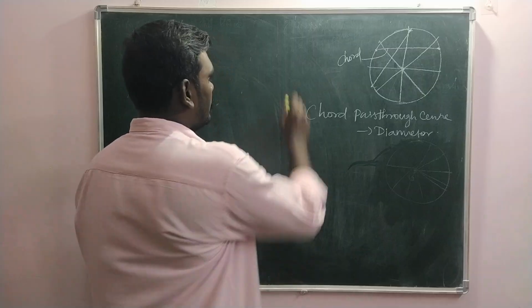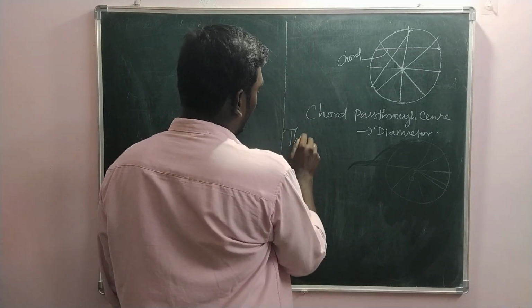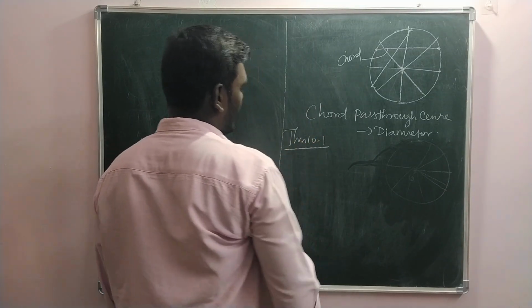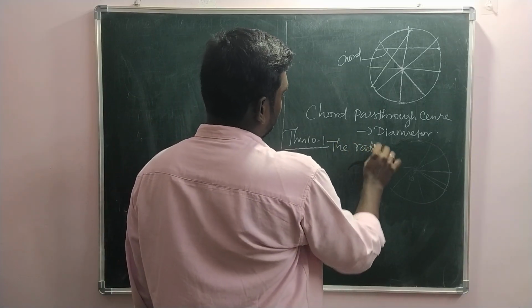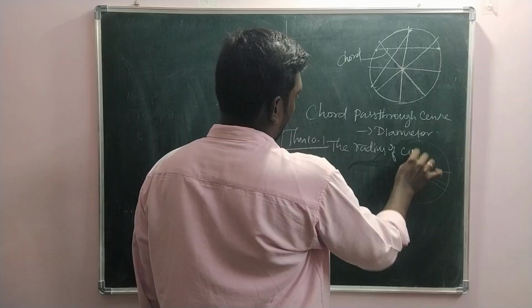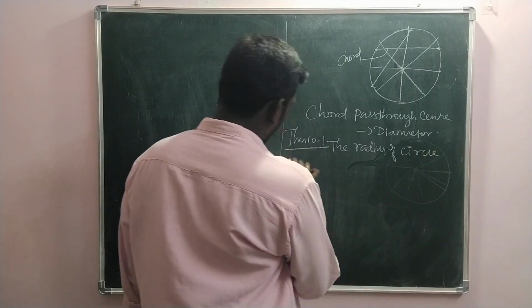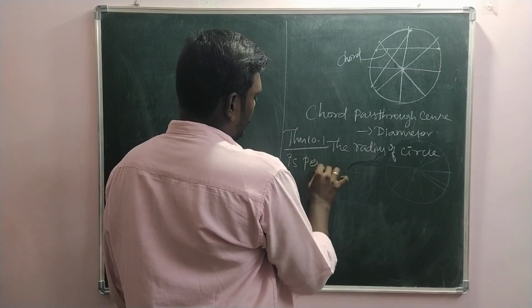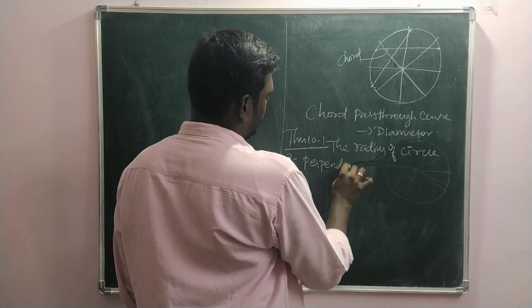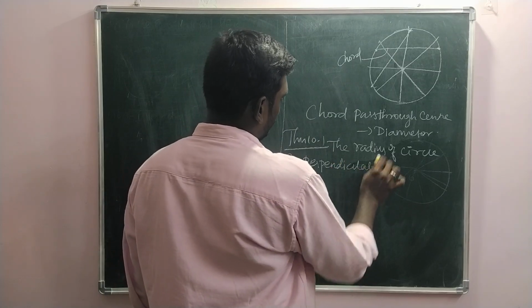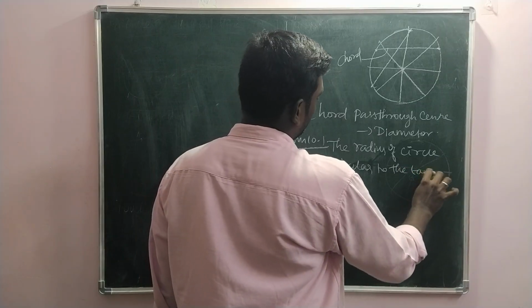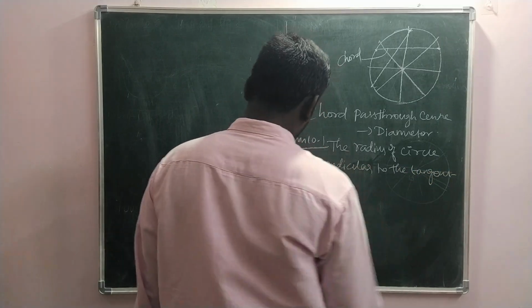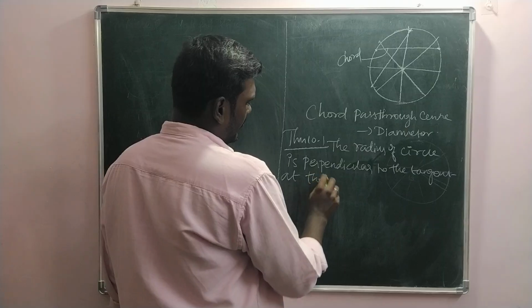Alright. Now we'll start theorem 10.1, which states that the radius of the circle is perpendicular to the tangent at the point of contact.